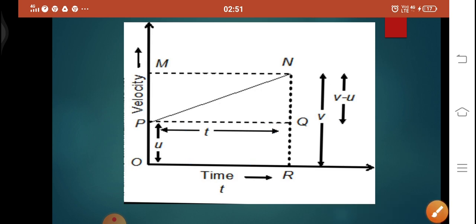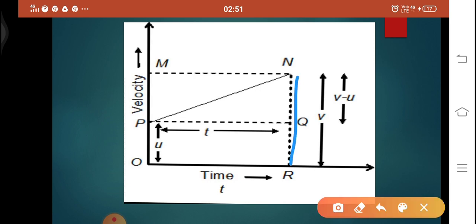And if you take the area of the trapezium like this, two sides and then this, then you will get the equation again. Area under the VT graph gives us displacement, so it will give us the displacement. So this graph is very important as far as the equations of motion are concerned.